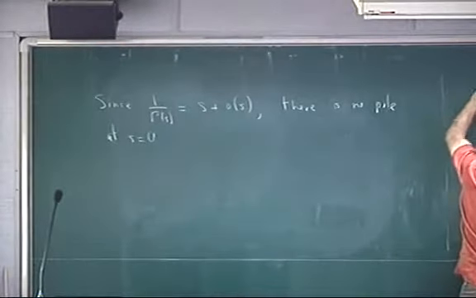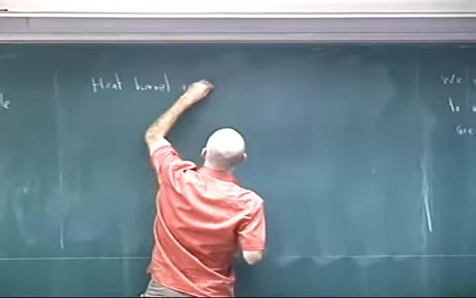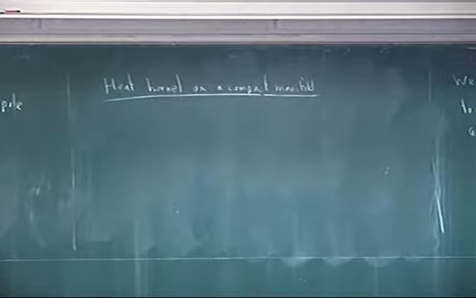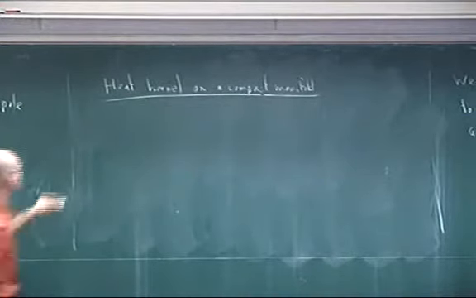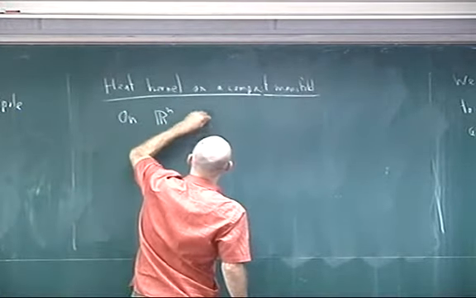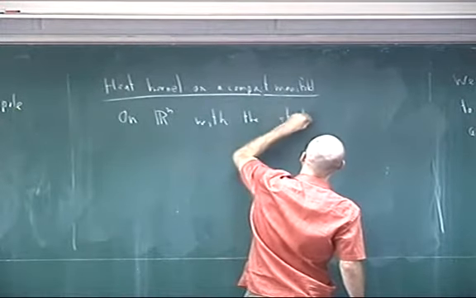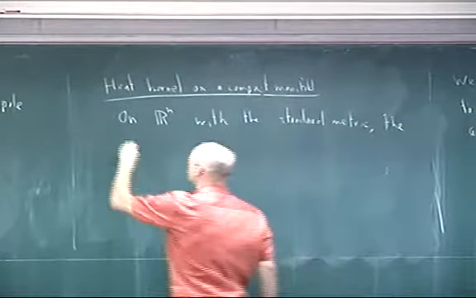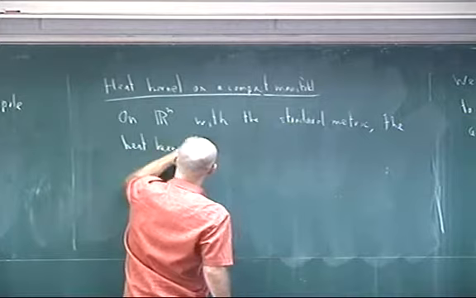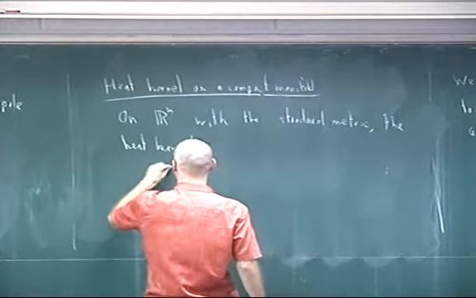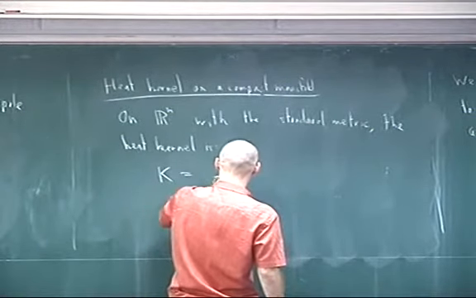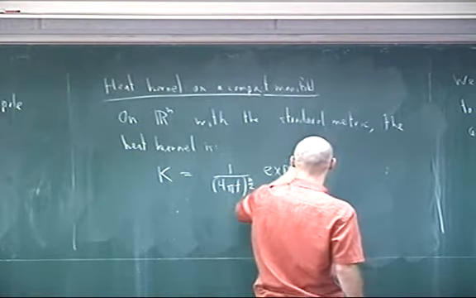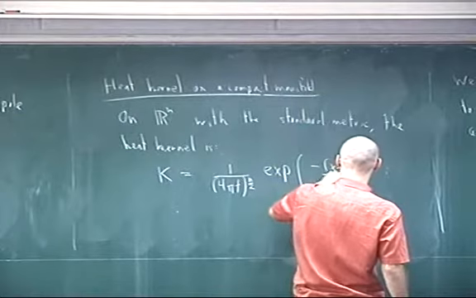Okay, so on R^n with the standard metric, the heat kernel, denoted by k, is 1 over something, then the exponential of something.